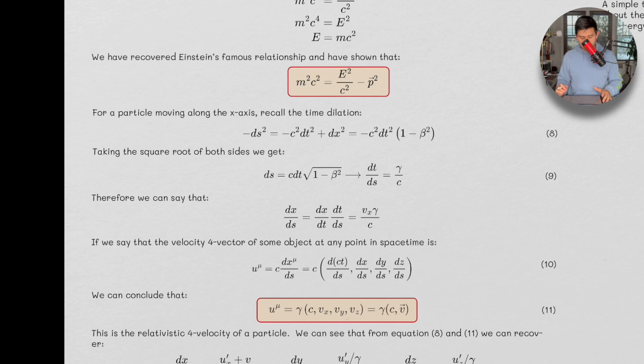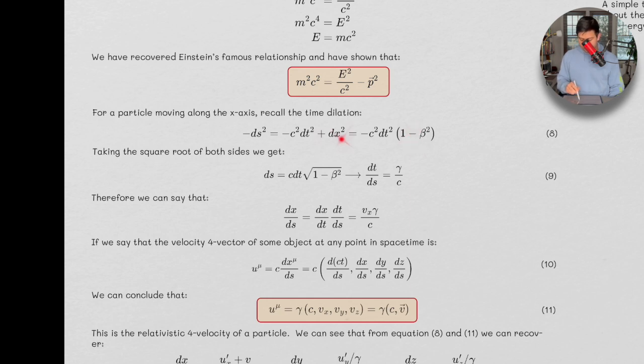So for a particle moving along the x-axis, recall that the time dilation looks like this, right? So we have ds, this is dt and dx, both of them again have opposite sign. And if it's moving in dx, well, we can rewrite it in this way, where we've talked about this is the gamma factor, right?